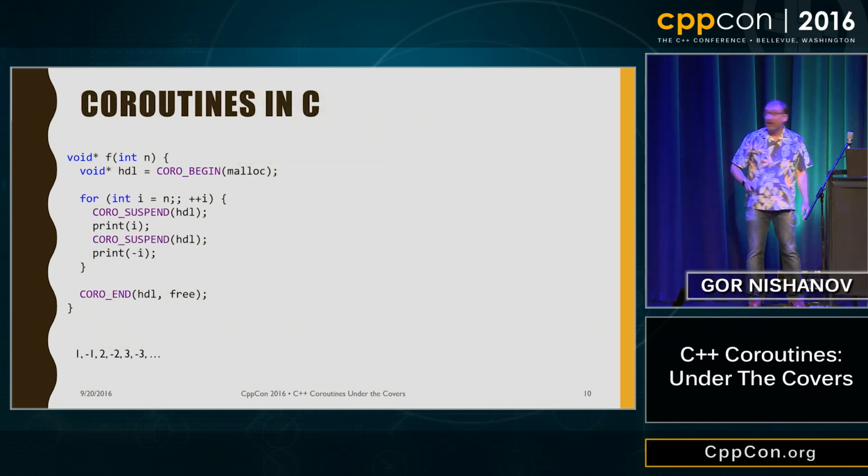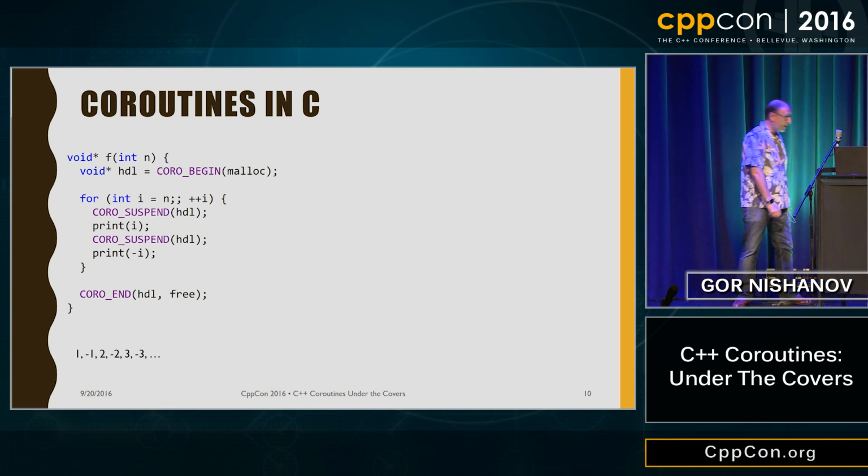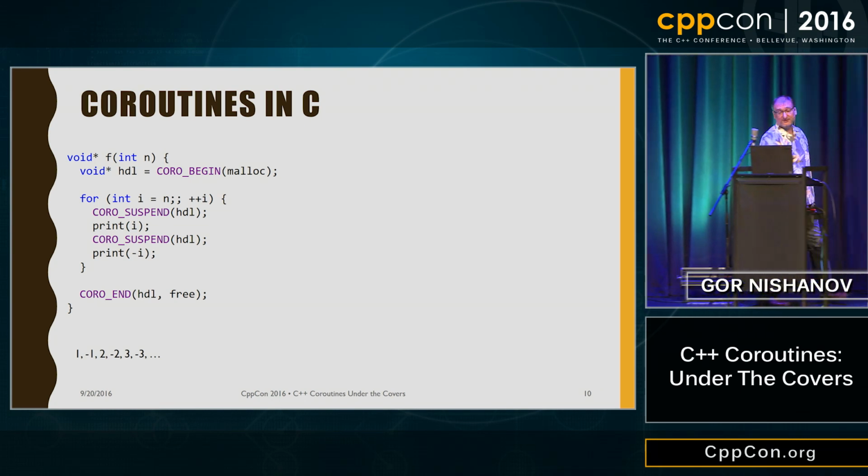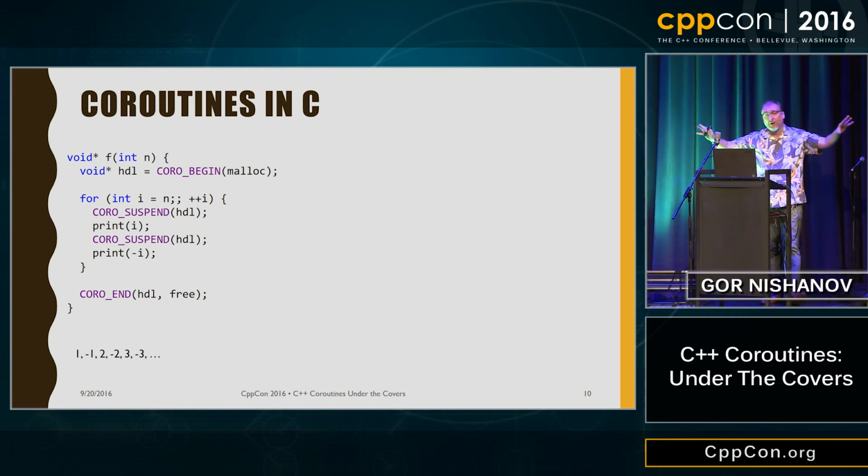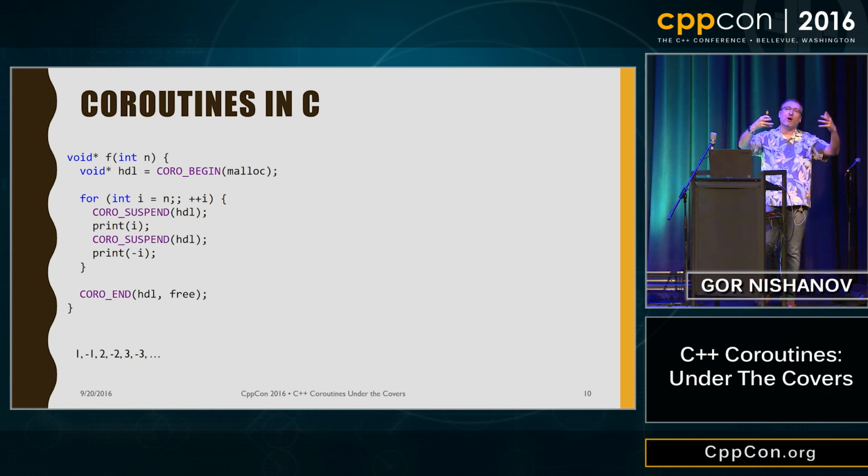So this is a C coroutine which generates an infinite sequence. There is a coro_begin macro, which is just a little bit of a wrapper around the intrinsic. And we tell it, look, if you need to allocate memory for the coroutine, use malloc.